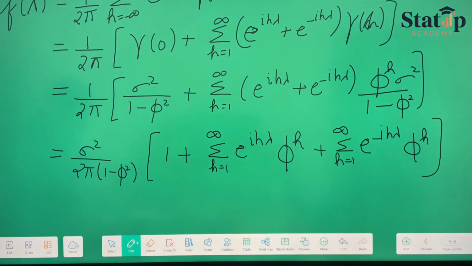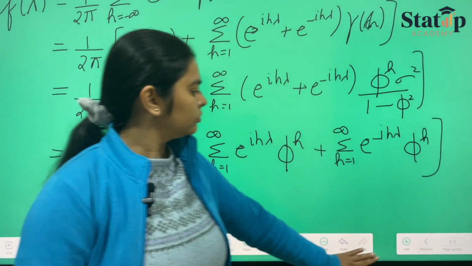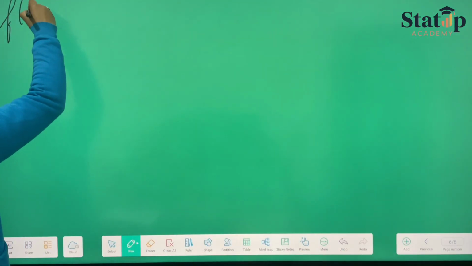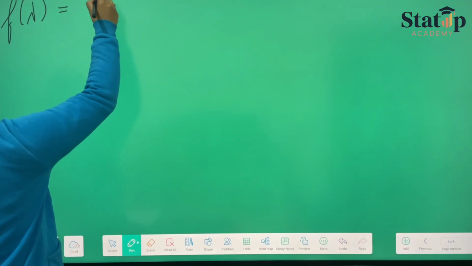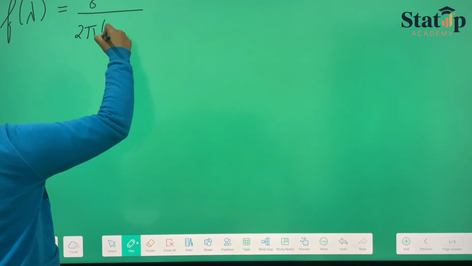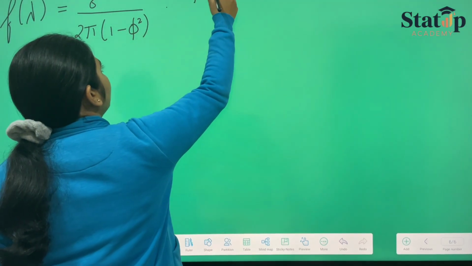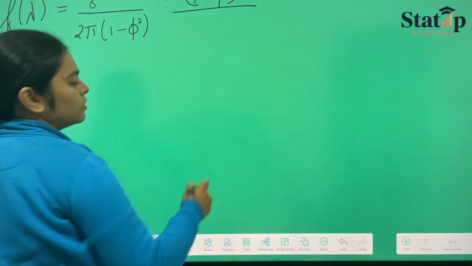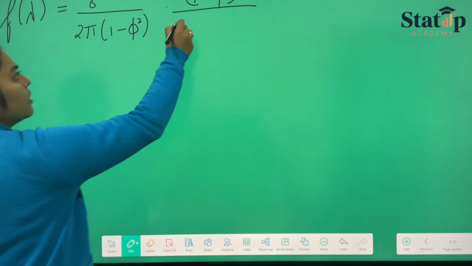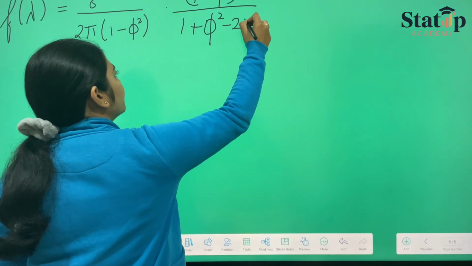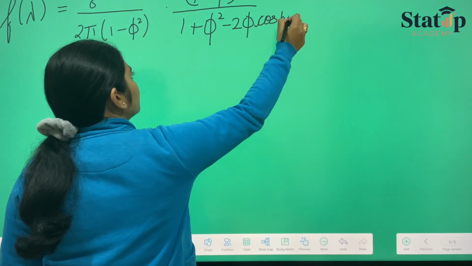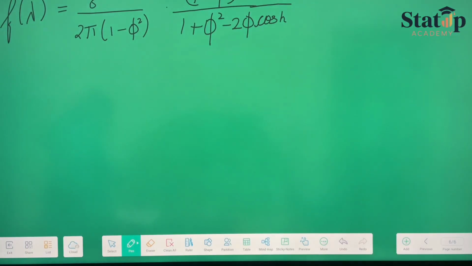And when we solve this bracket, we will be getting f(lambda) equals sigma square upon 2 pi times 1 minus phi square, into 1 minus phi square upon 1 plus phi square minus 2 phi cos lambda.